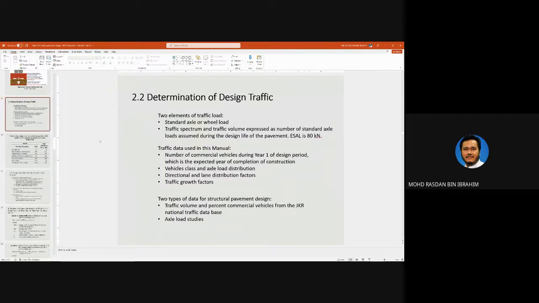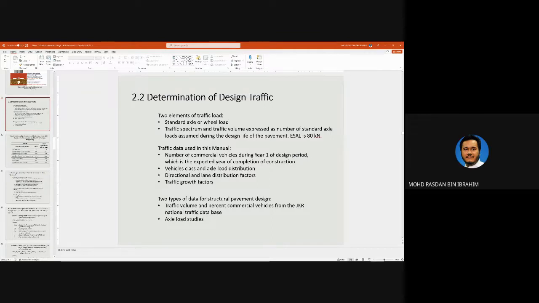So, determination of design traffic. Two elements of traffic load that we need to consider are the standard axle or wheel load. We need to know how many axles are actually passing over our pavement, and then the traffic spectrum and also volume that is actually reacting on the pavement.